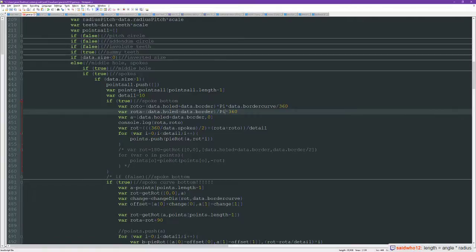Okay. I think that's the opposite of what I want. I have the length. I want to turn that into a curve. Is that the one that I want?